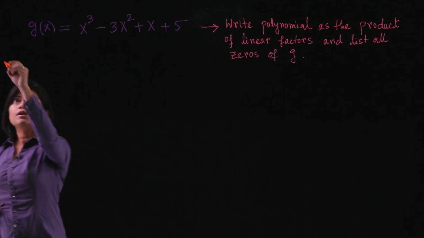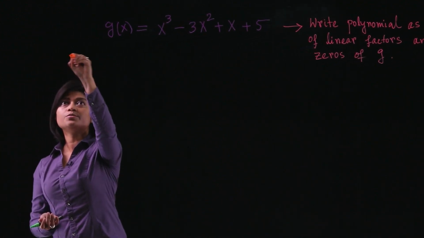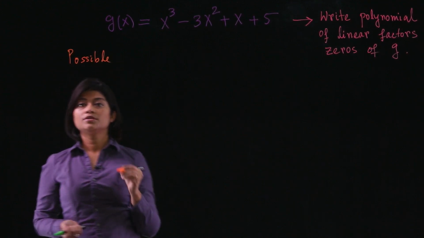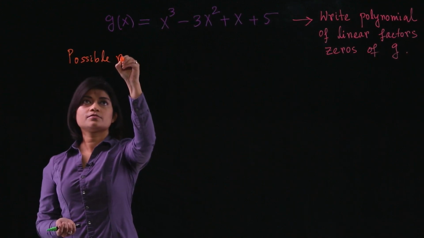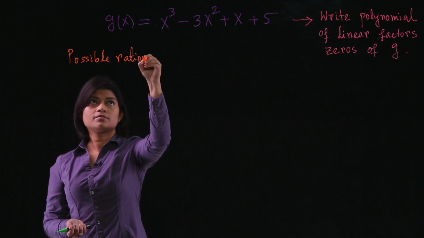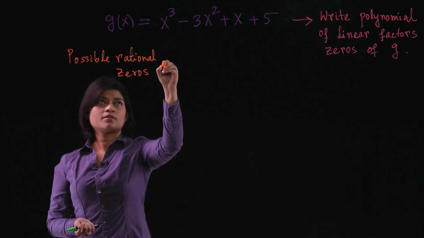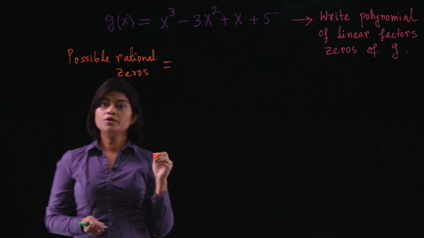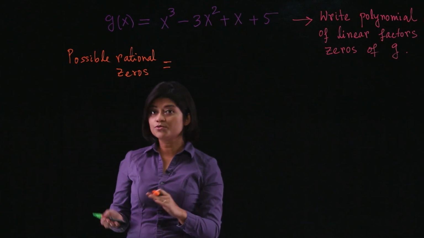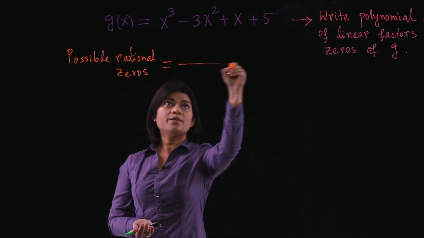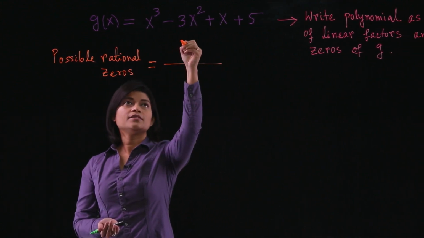So, how to find possible rational zeros? Well, you know that the possible rational zeros, which will be real zeros, can be found this way.